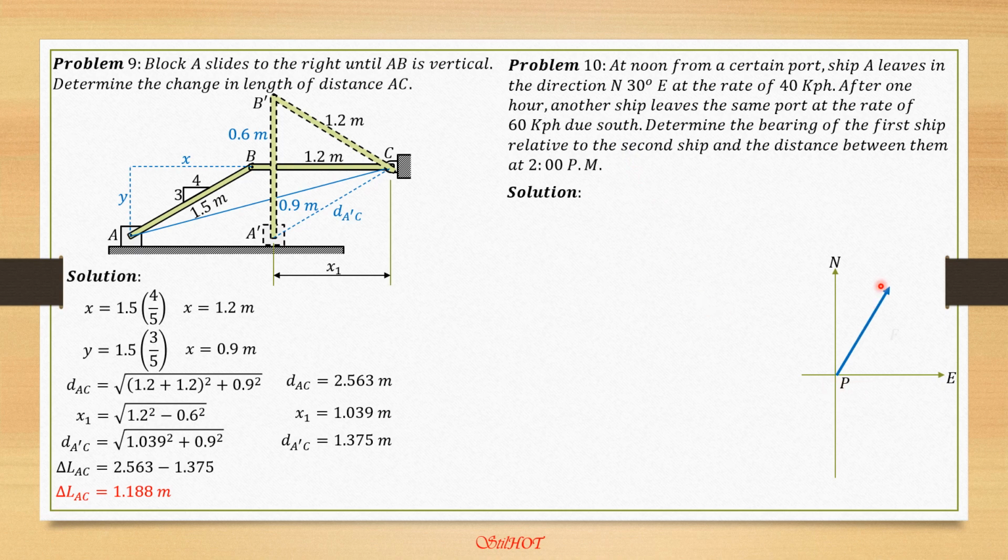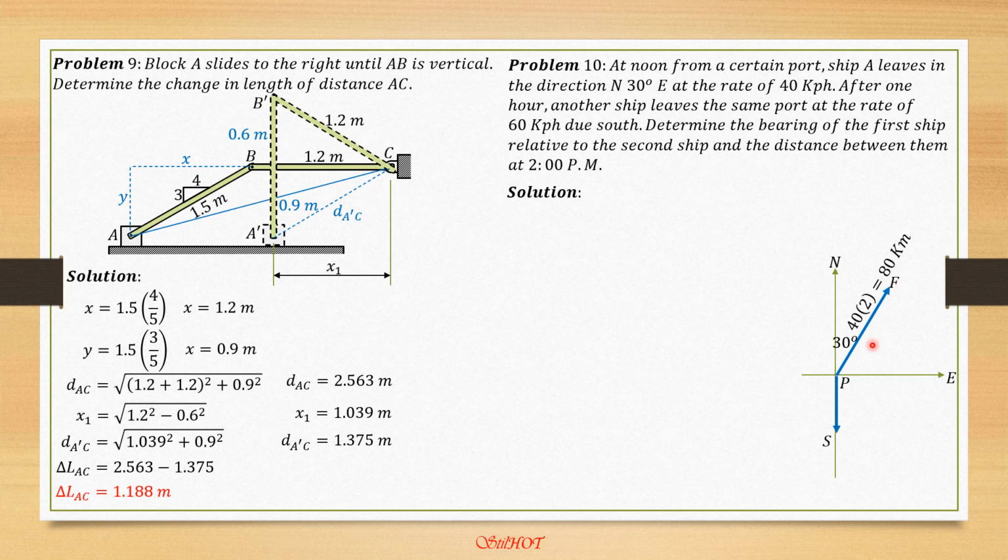So this is the first ship and its direction north 30 degrees east. So this is 30 degrees. So this length or this distance traveled by the first ship is speed 40 kph times travel time 2 hours. So 80 kilometers.